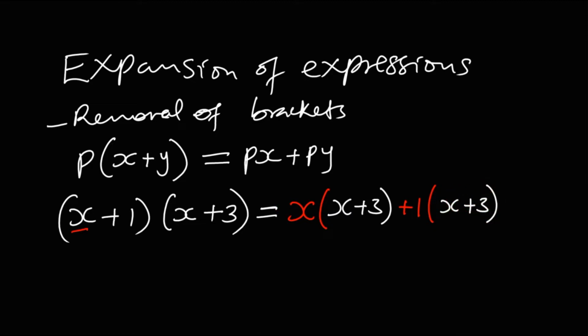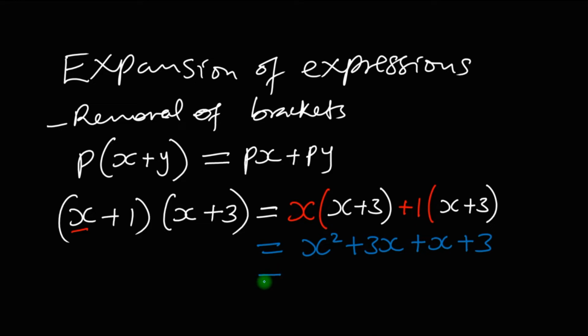As we expand, we end up getting x squared, plus x times 3, we get plus 3x, then plus 1 times x, this will be plus x, and then plus 1 times 3 will be plus 3.